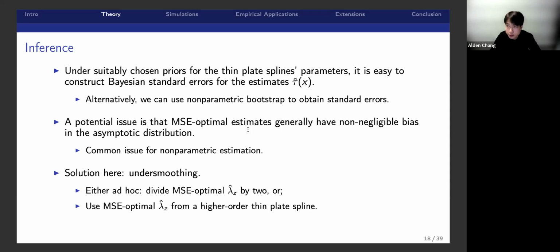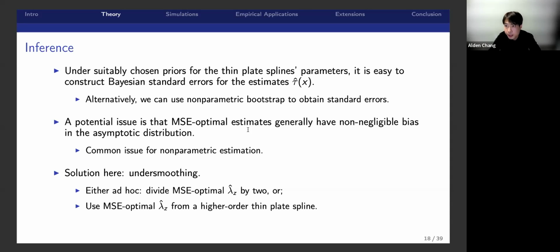So the solution I adopt here is to use undersmoothing, and I have two methods for doing so, which I'll not go through in detail unless anybody has specific questions or is particularly interested in this. But basically, the idea is to use a penalty parameter that is larger than the MSE optimal penalty parameter.